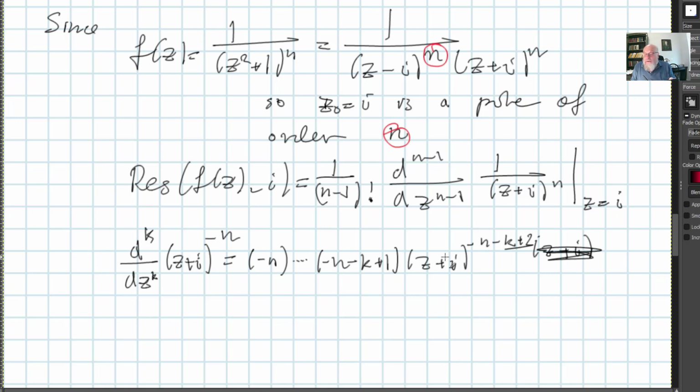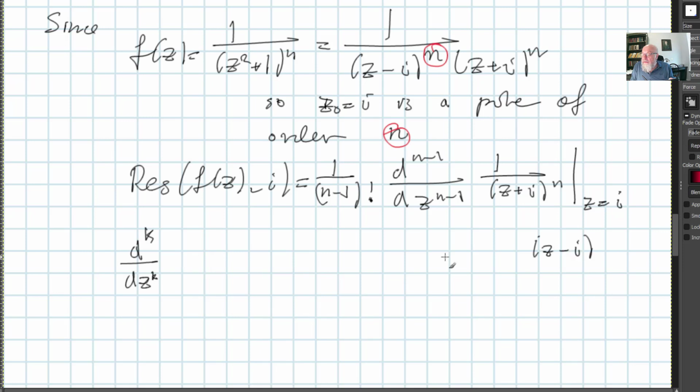The k-th derivative of z plus i to the power minus n. So first derivative, second derivative. What happens? The power is increasing. Then you take the third one, which is equal to minus n, and this is minus k plus 1.